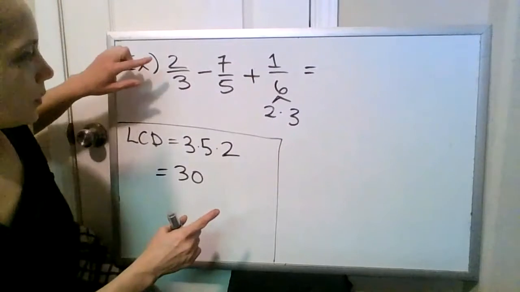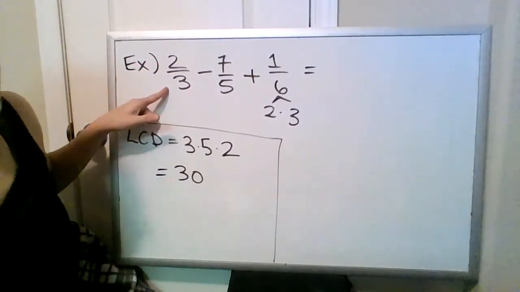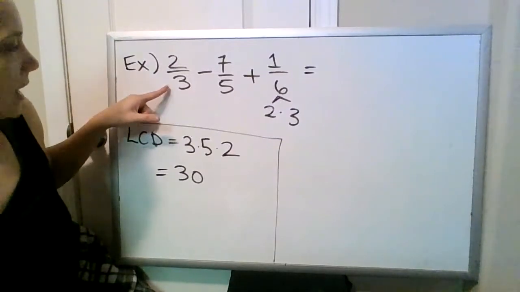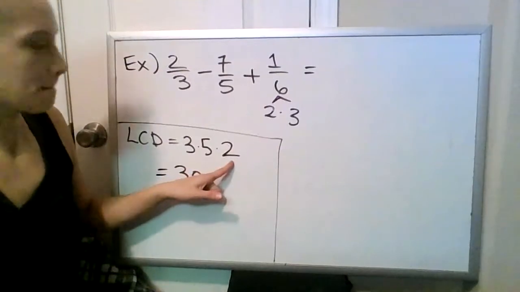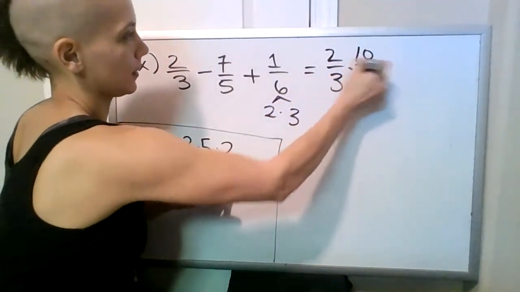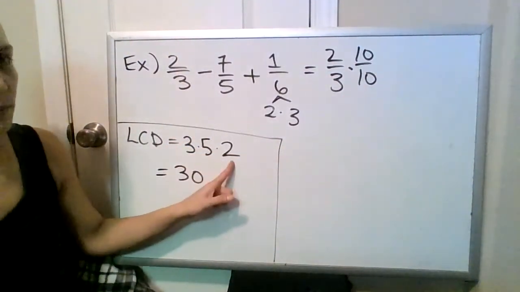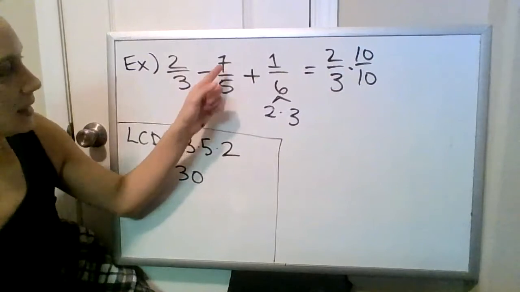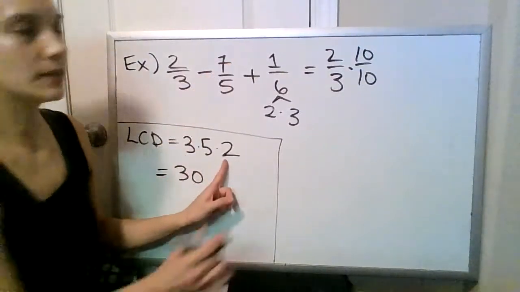You go to the first term, multiply the numerator and denominator by the missing LCD factors. I have 3. I'm missing 5 and 2. Which would be minus 7 over 5. I've got 5, but I'm missing 3 times 2.